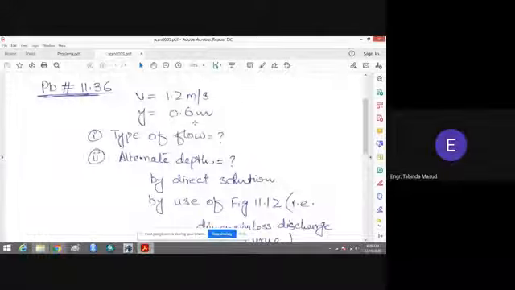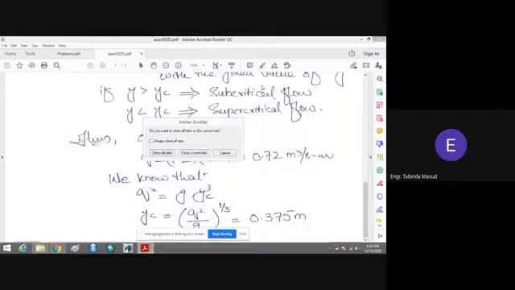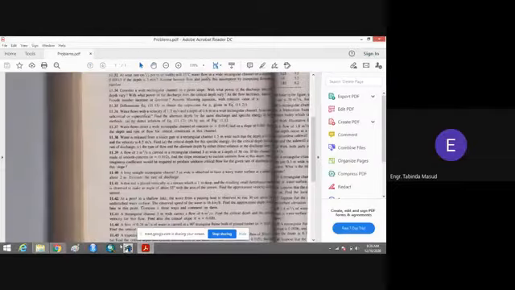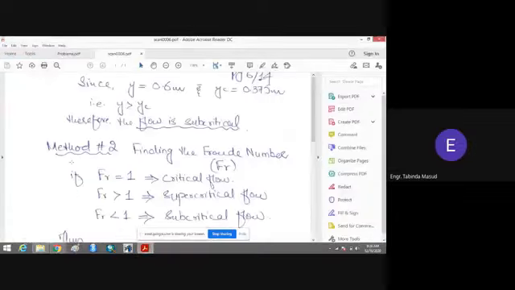Since this depth of the flow, 0.6, is greater than the critical depth of the flow, we will say that the given flow is in a subcritical state. You can see here that the given y is 0.6 and we have got that yc is equal to 0.375.